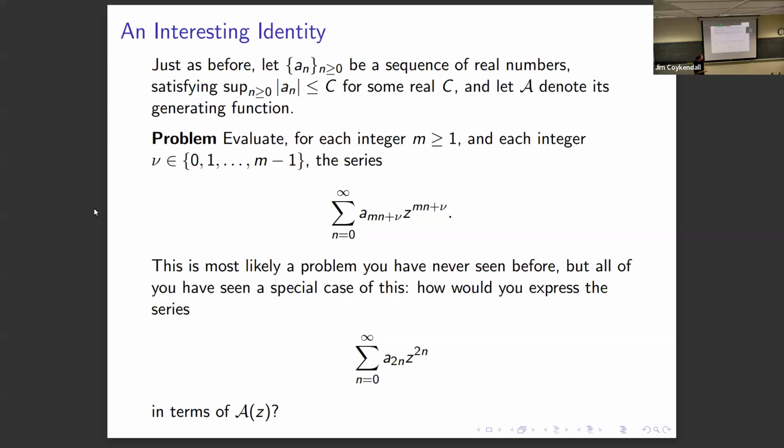As a fun example, if all of these a's represented probabilities associated with a random variable, if you can evaluate things like this, you can calculate things like: if I take a Poisson random variable, what's the probability that it is equal to a number divisible by 8?